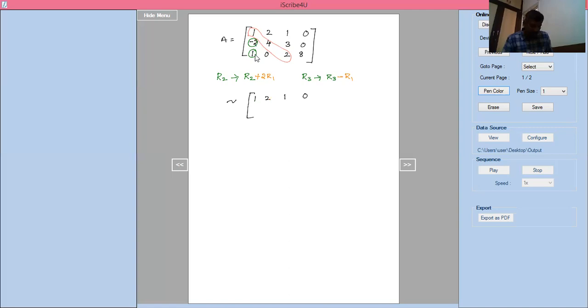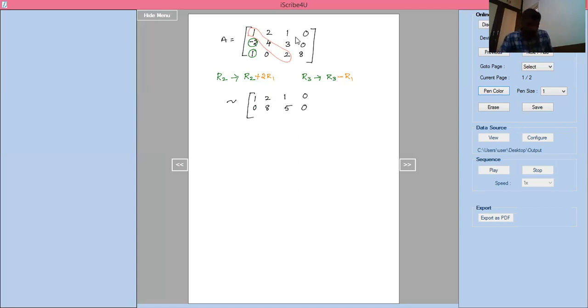This is -2, plus 2 into 1 is 2, so -2 plus 2 is 0. Then 4 plus 2 into 2: R2 is 4, we multiply the R1 row by 2, so 4 plus 4 is 8. Next, 3 plus 2 into 1, that is 3 plus 2, which is 5.